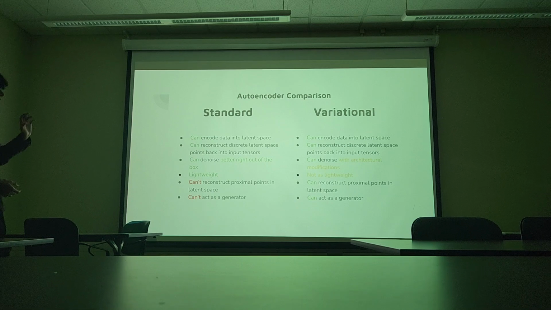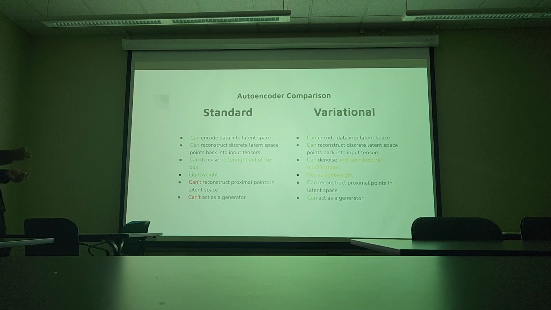Now, this is where the standard autoencoder kind of falls off, right? Or actually, one small thing: standard autoencoders can denoise better right out of the box, and variational ones can denoise with a little bit of architectural modification, or that's not really what they're meant for, but that's just one application. Standard ones are more lightweight and easier to understand, which is useful for people that are just getting into ML.